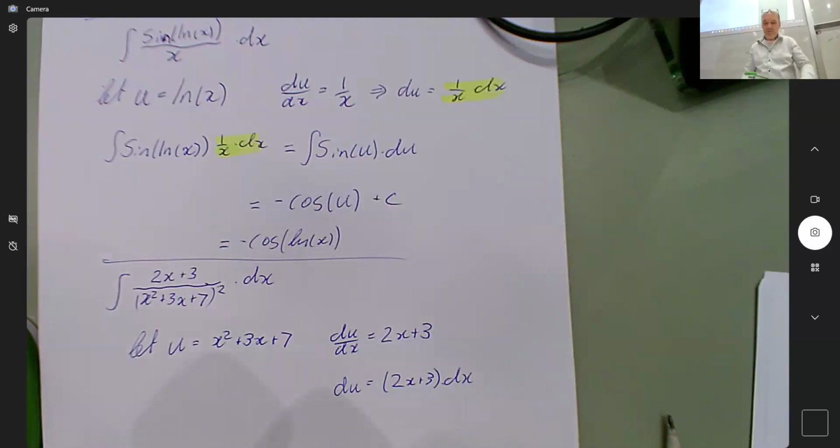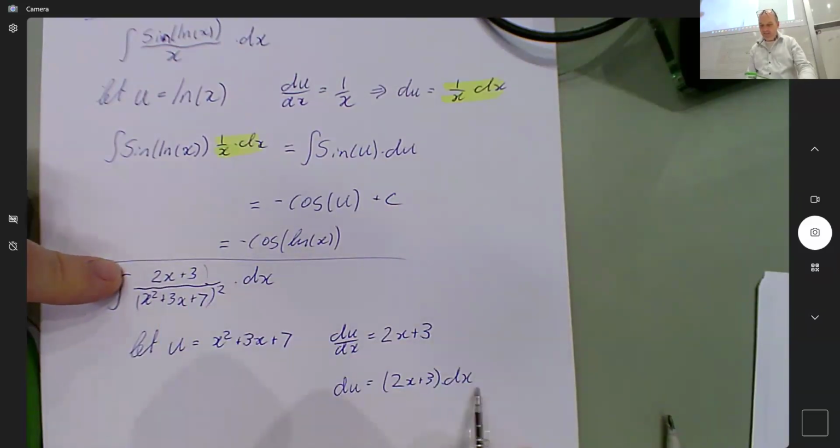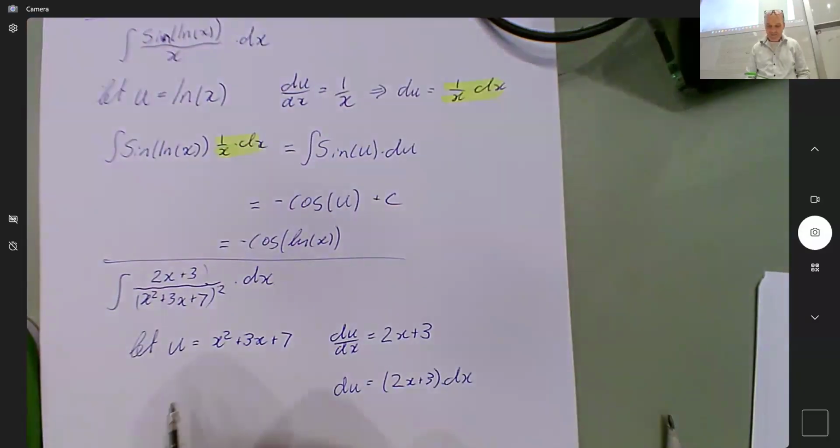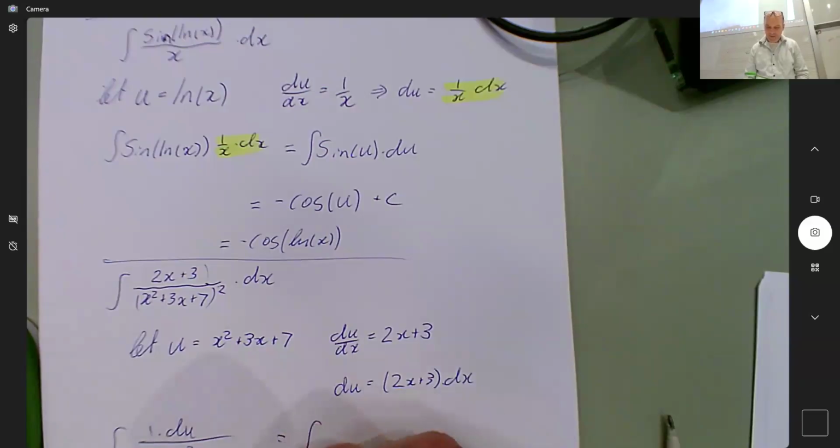So strictly speaking, there are brackets around here. You can see this bit, my numerator, when I do my substitution, becomes du. And the bottom line becomes u squared. I'm going to write that as u to the minus 2 du.